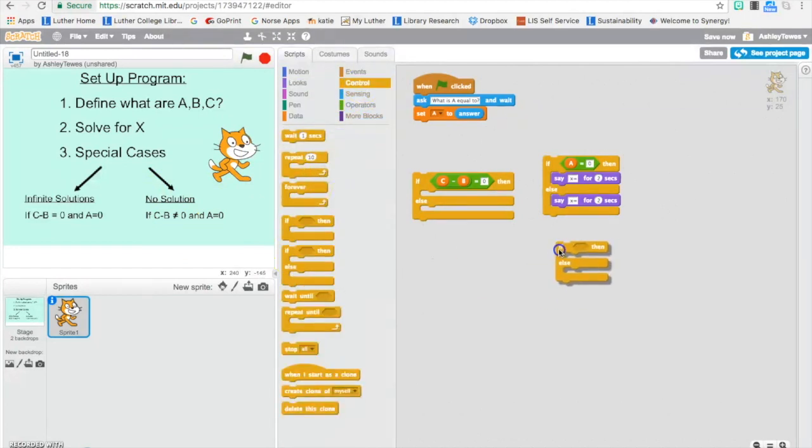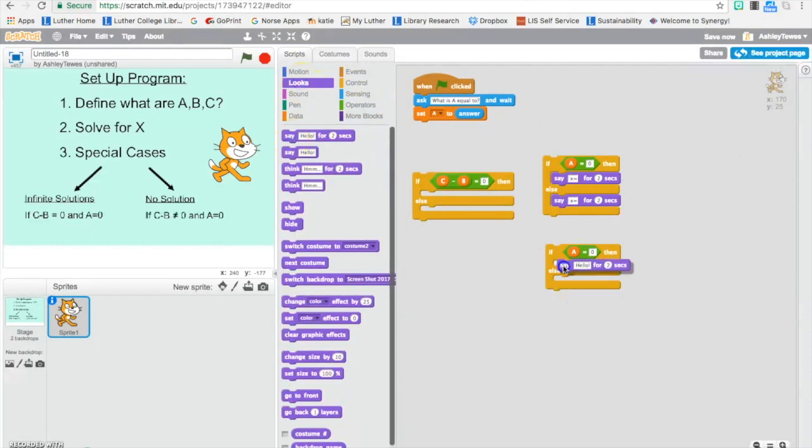We're going to have another if-else. If a is equal to 0 again, then we're going to respond with x equals something special. Otherwise, if a is not equal to 0, this spot down here is where we're going to want to account for our one solution.